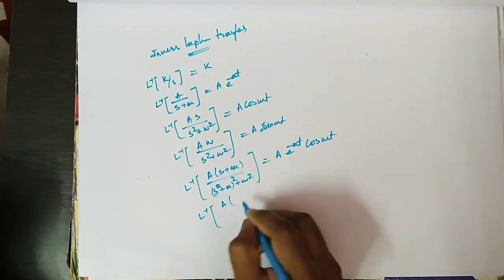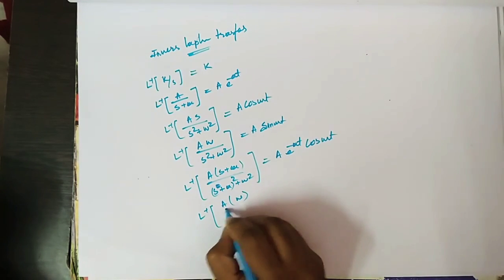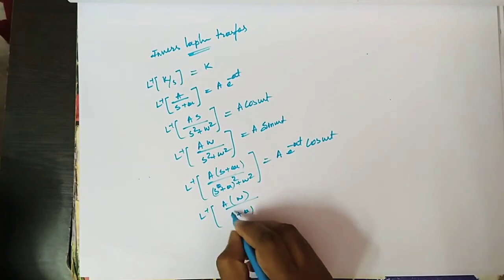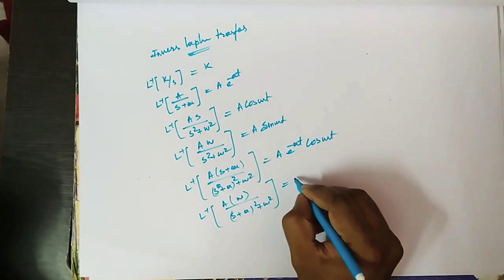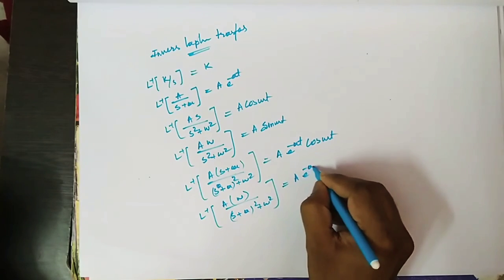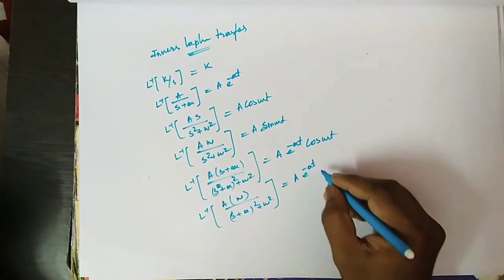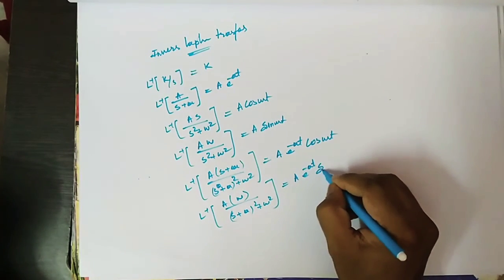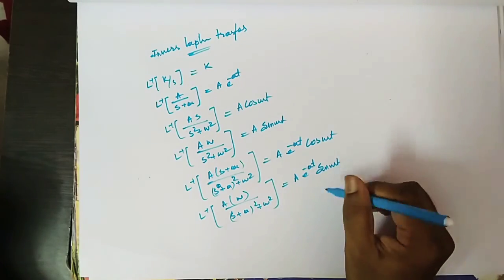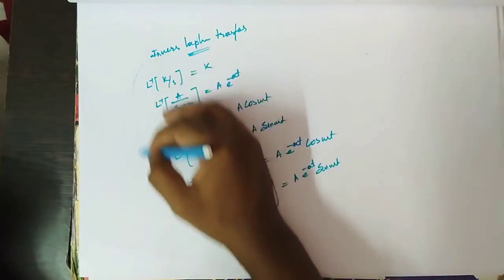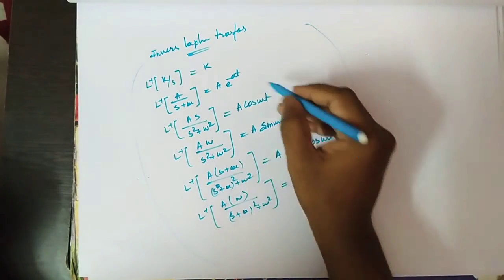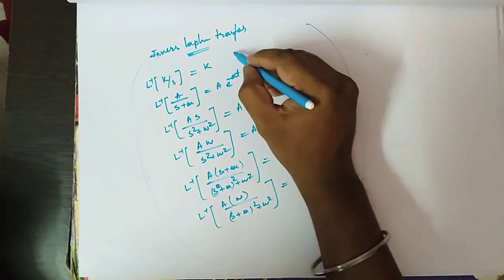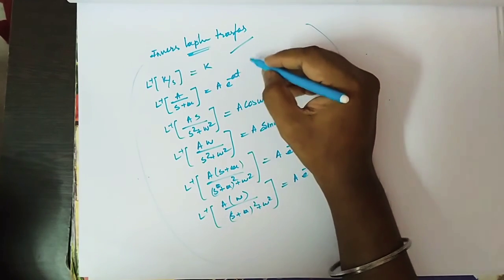Inverse Laplace of a into omega by ((s plus a) whole square plus omega square) is a into e power minus a t sin omega t. So you need to remember this inverse Laplace. You will be applying these for complex roots.